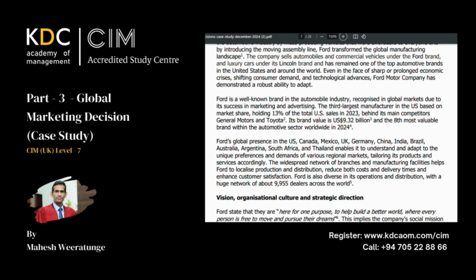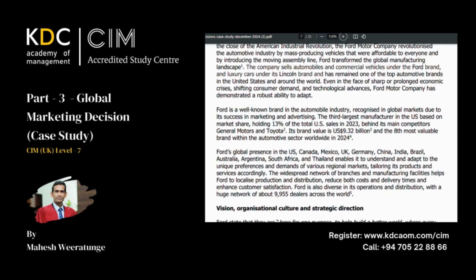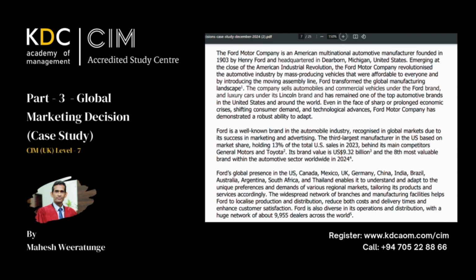So at that point, you can see how strong Ford is when it comes to distribution and logistic operation and reaching their target market and target audience, which means the global penetration of the brand is pretty strong. They talk about reducing the cost and delivery time by managing the widespread distribution network and manufacturing operation to enhance customer satisfaction, which means they talk about customer satisfaction also.